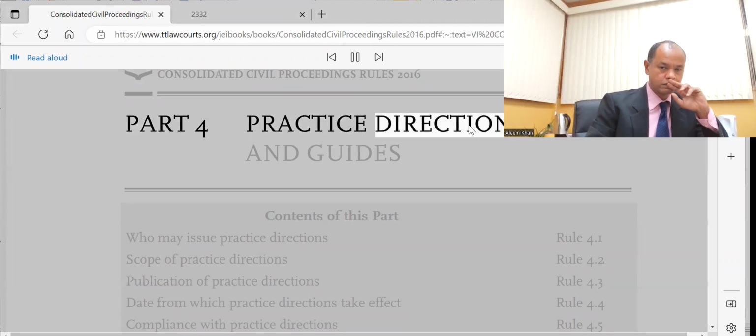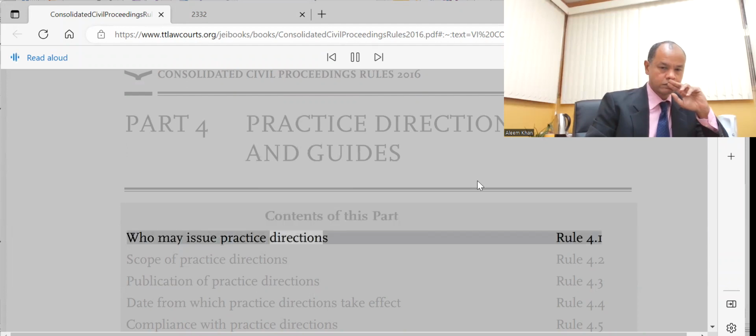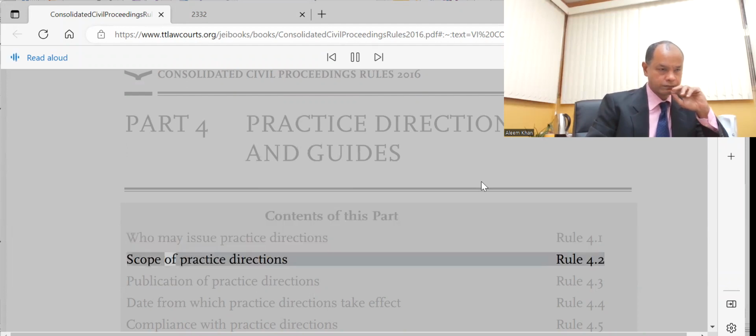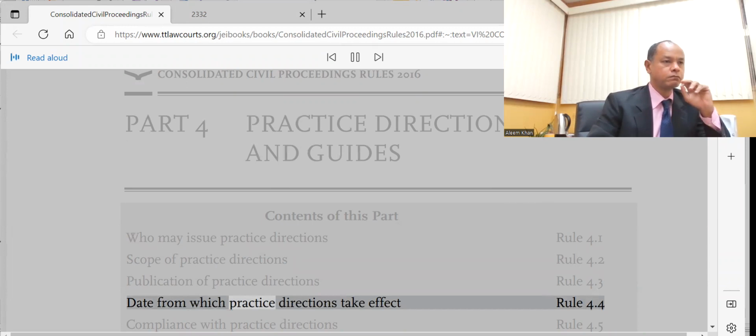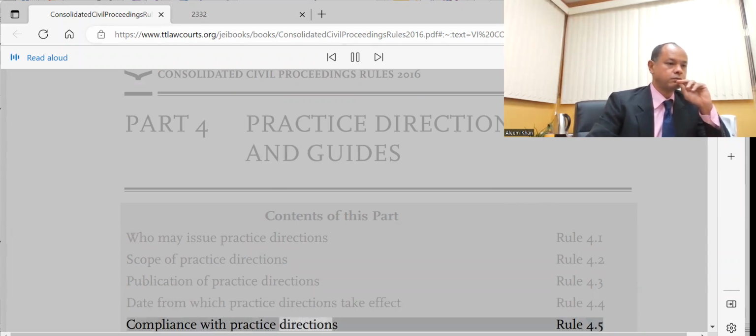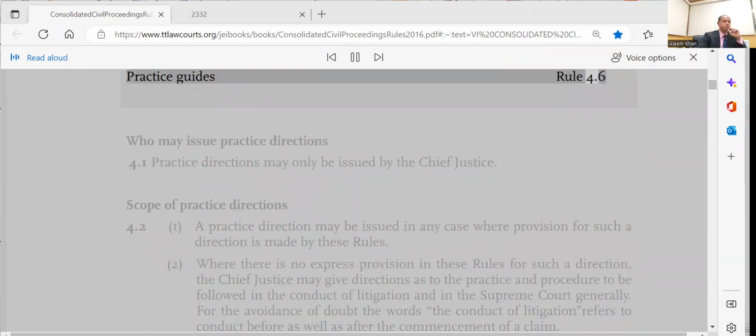Part 4, Practice Directions and Guides. Contents of this part: who may issue practice directions. Rule 4.1, Scope of practice directions. Rule 4.2, Publication of practice directions. Rule 4.3, Date from which practice directions take effect. Rule 4.4, Compliance with practice directions. Rule 4.5, Practice Guides. Rule 4.6, Who may issue practice directions.